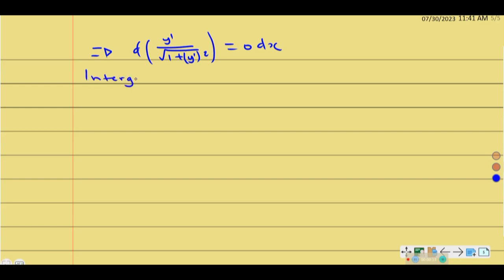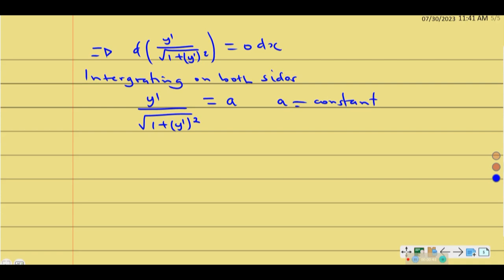So integrating on both sides, we shall obtain y' over the square root of 1 plus y' squared, and this will be equal to a, where a will be a constant.